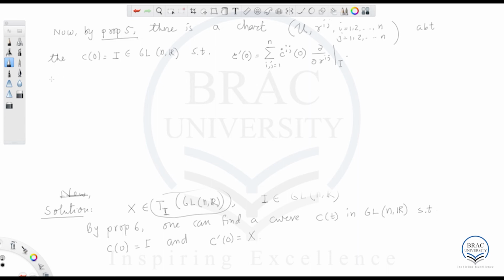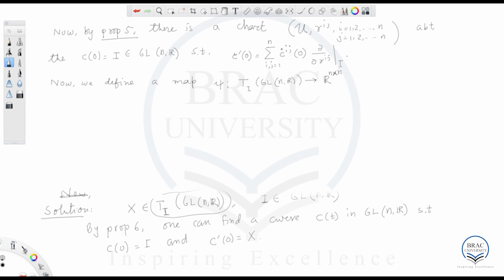Now we define a map psi from this tangent space T_I of GL(n, R) to the vector space of all n times n real matrices, all the matrices, invertible, non-invertible, everything.